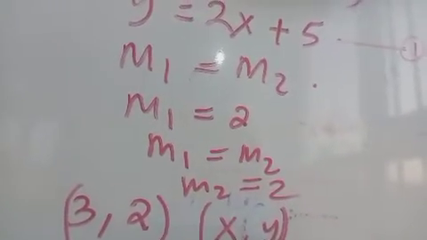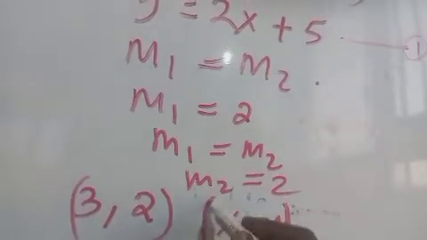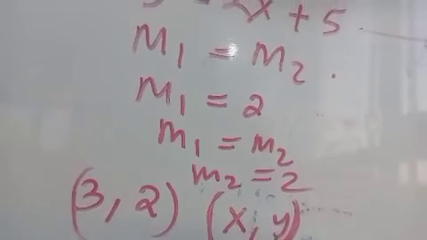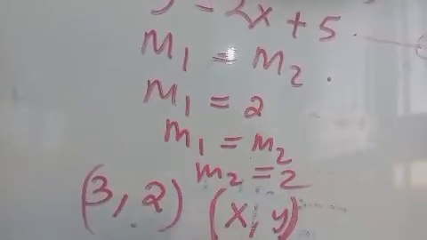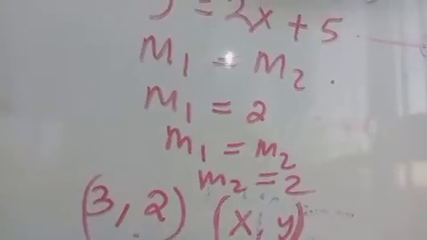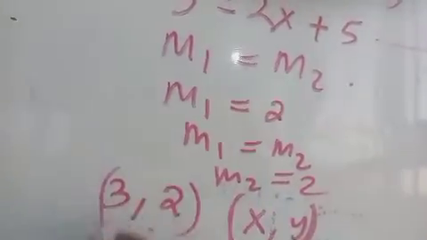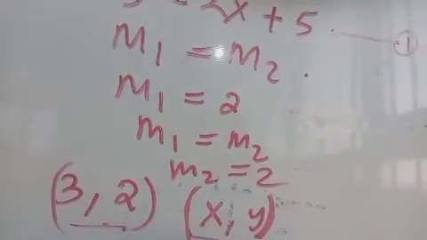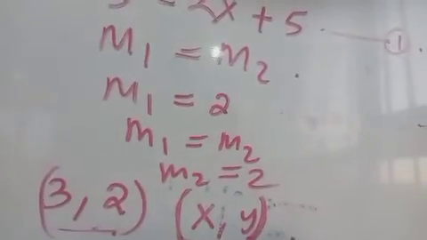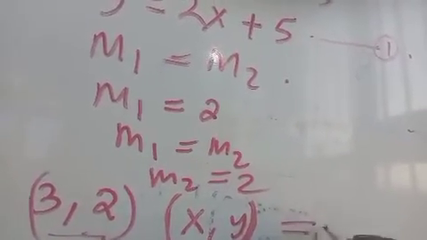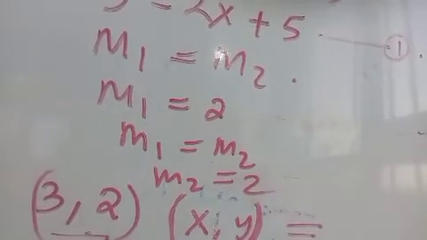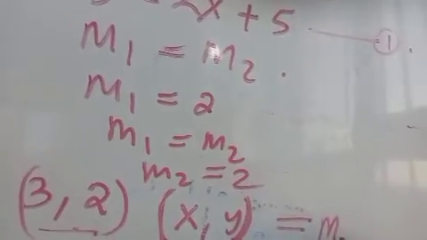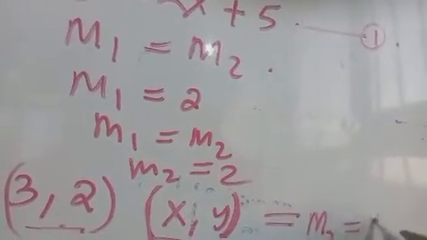We let the other point be (x, y). Then we solve for the slope of the two points, and the slope of these two points will be equal to slope 2, which is 2.